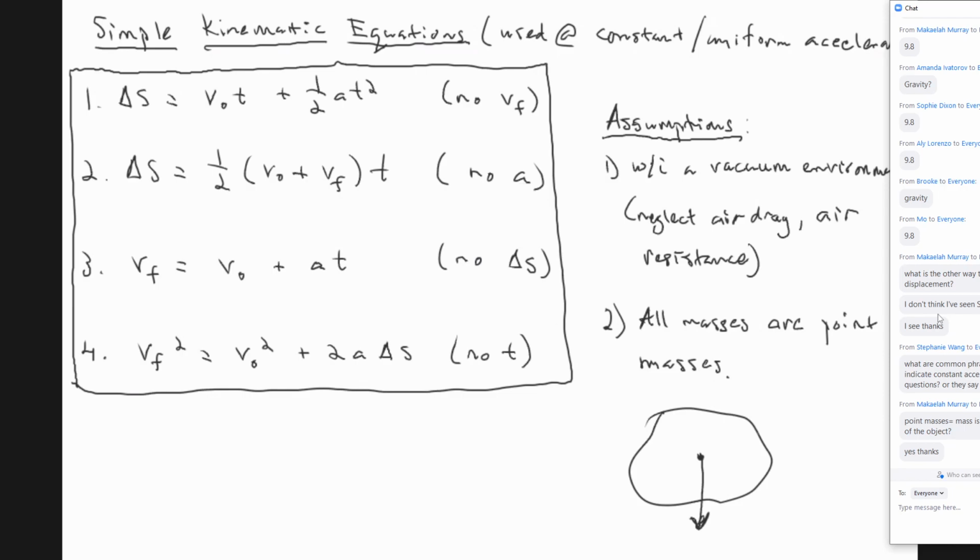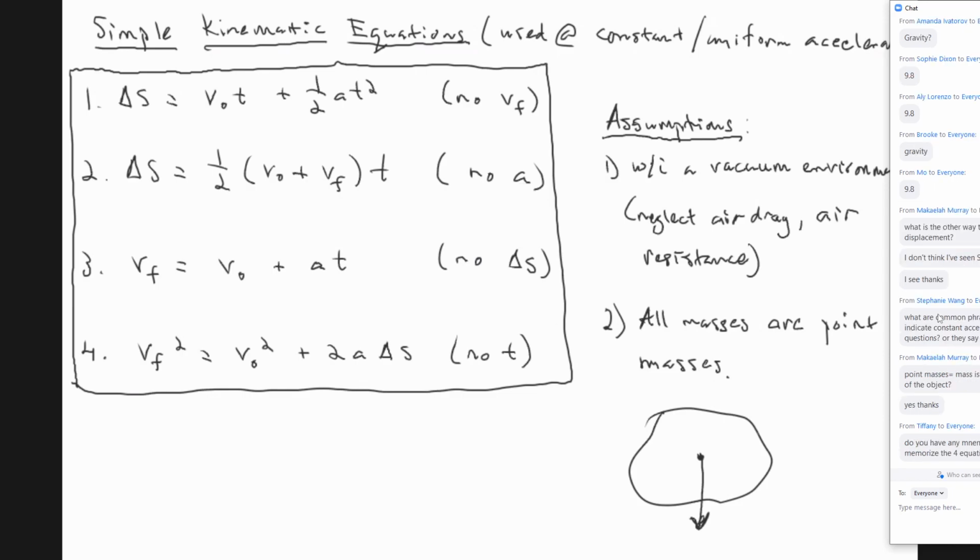Any other questions? So please remember, I do not have any cool mnemonics to remember the 4 equations. If you are a calculus person, the derivative of equation 1 is equation 3. Equation 4 is an energy conservation equation, which I'll show you again when we get to work and energy.